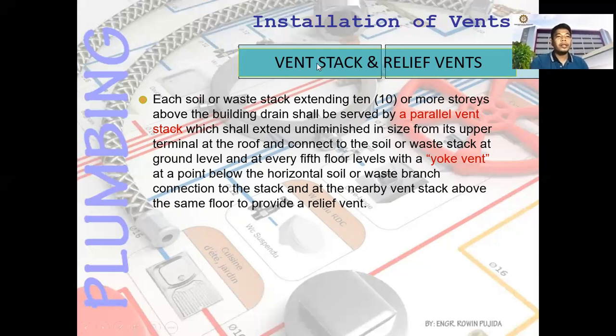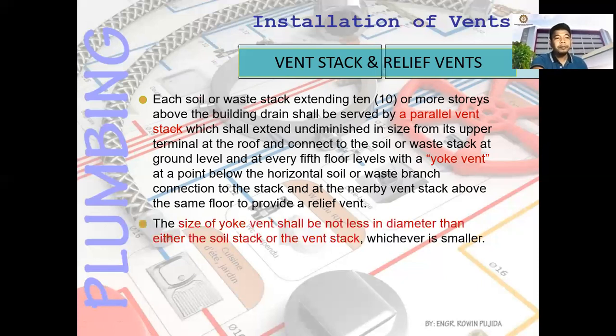Okay. So for the connection, you should have a yoke vent at every fifth floor level. Okay. The size of yoke vent shall not be less in diameter than either the soil stack or the vent stack, whichever is smaller.